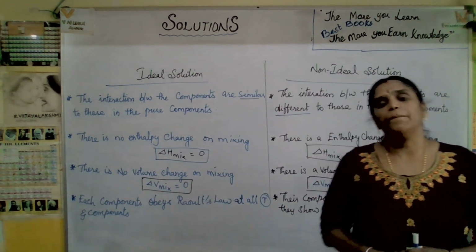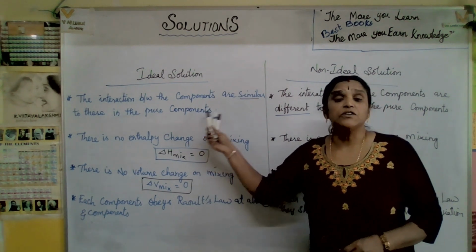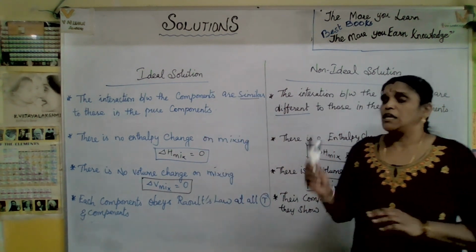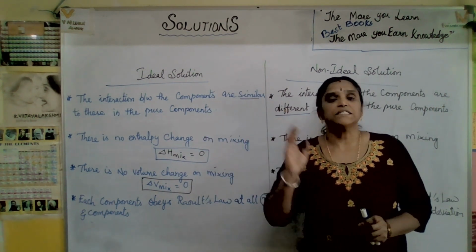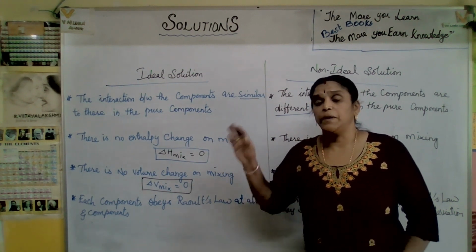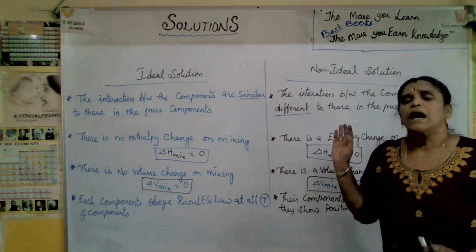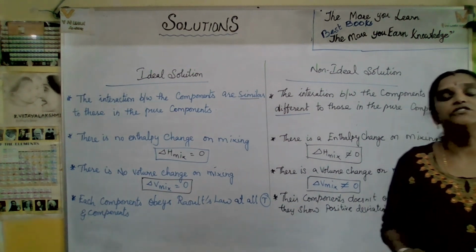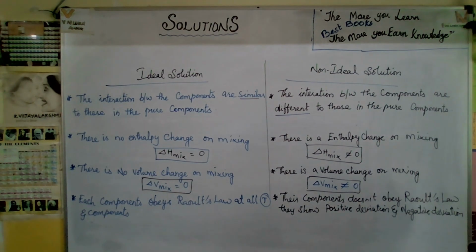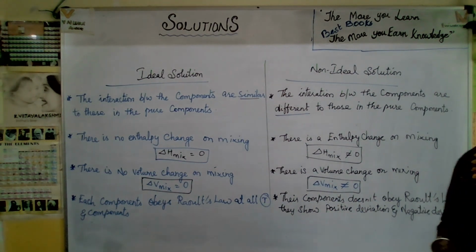I hope you got a better idea about ideal and non-ideal solutions. Definitely these may be asked in the board exam, so please note down correctly, and if you want you can take a screenshot also. That will always be helpful.